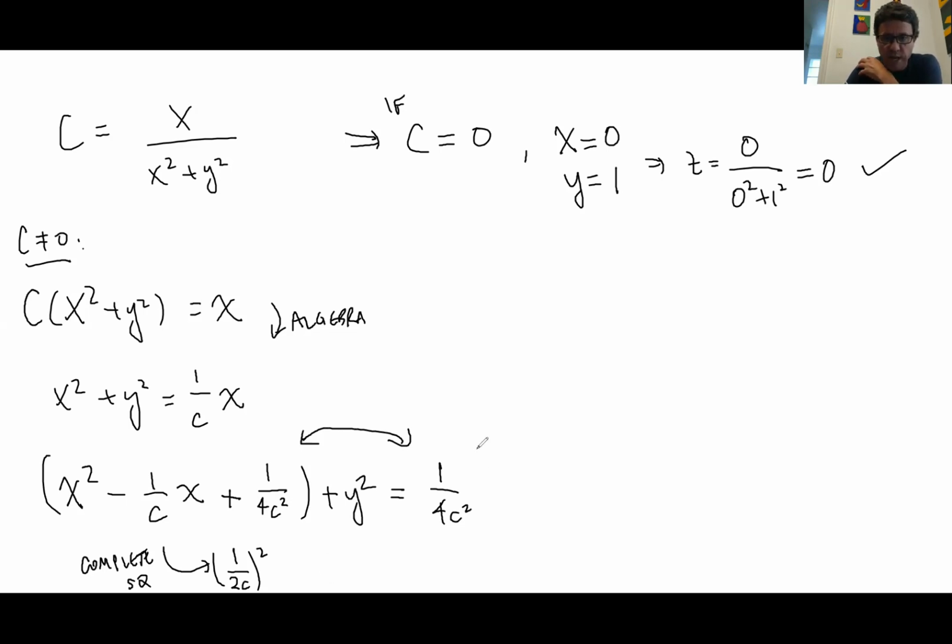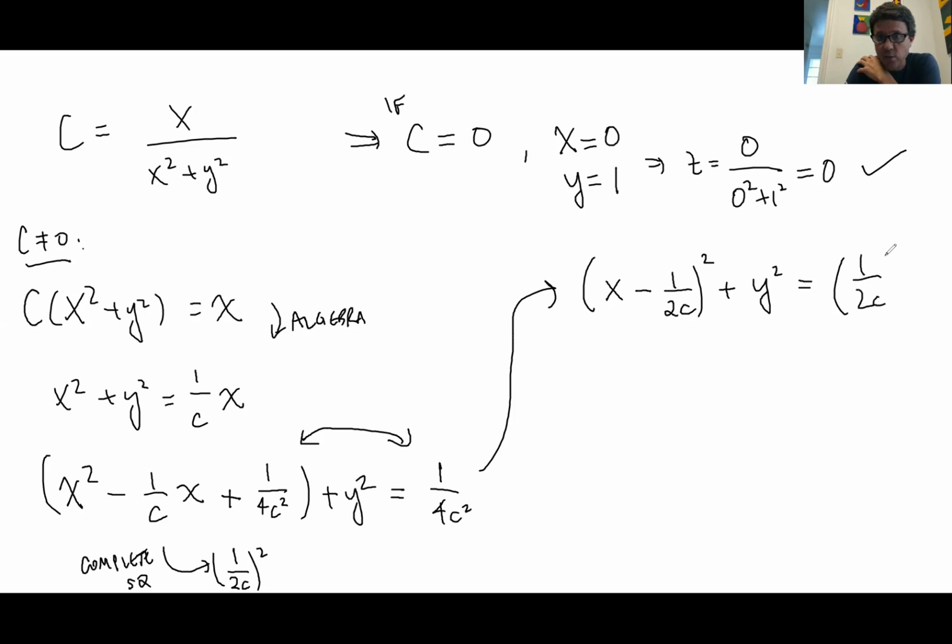And the purpose of that is, therefore, I can complete the square as x minus 1 over 2c, squared, plus y squared equals, and I'm going to go ahead and write this as 1 over 2c squared so that it gets me in my standard form. That is a circle.